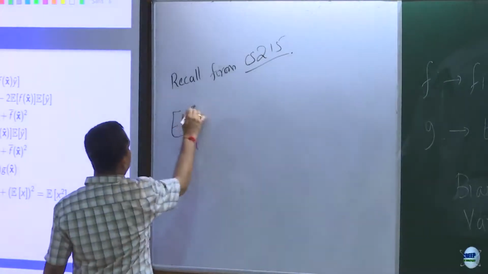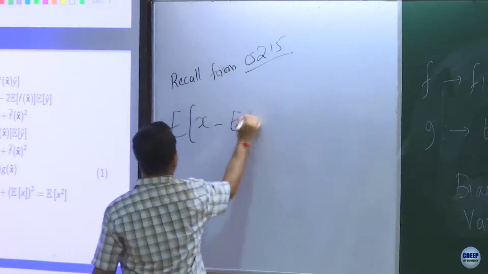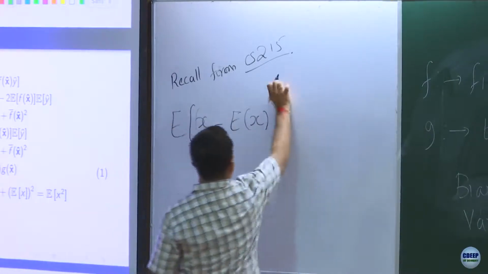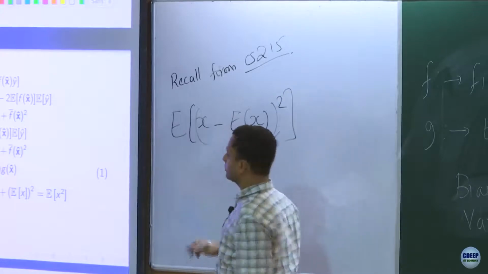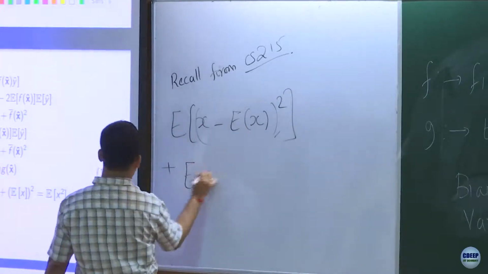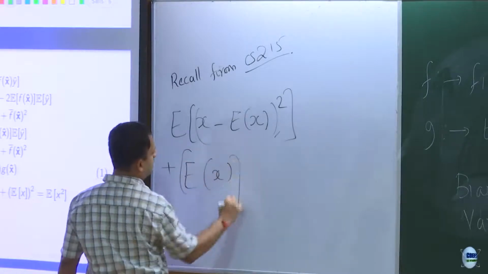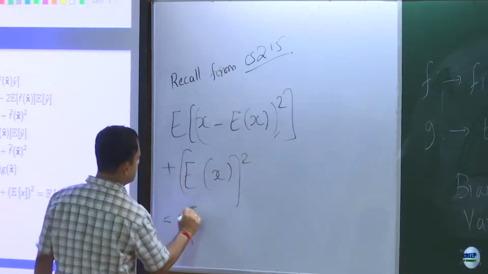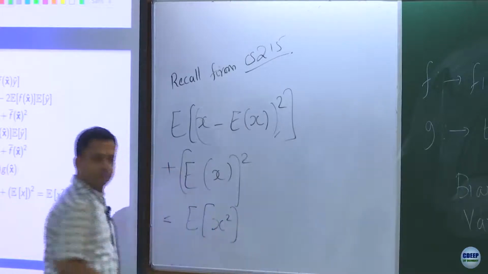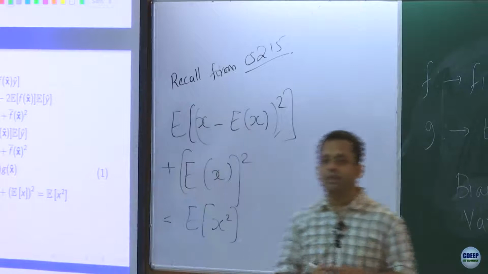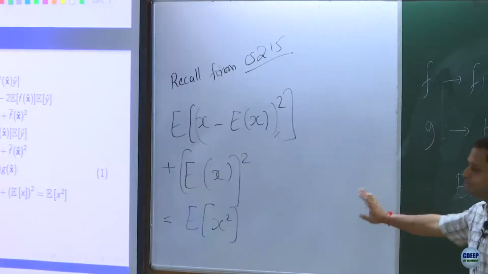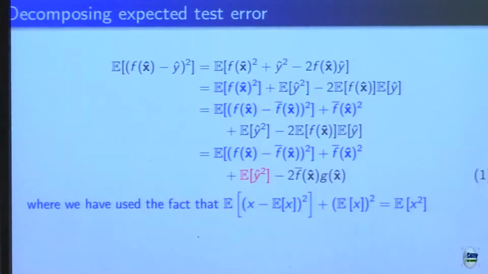So the expected value of (x minus expected value of x) square, to this, if you add the (expected value of x) whole square, then you will get the expected value of x square. This is the central thing that will keep recurring. So please write down this starting expression. I'll give you a few minutes just to understand how this decomposition has been used.